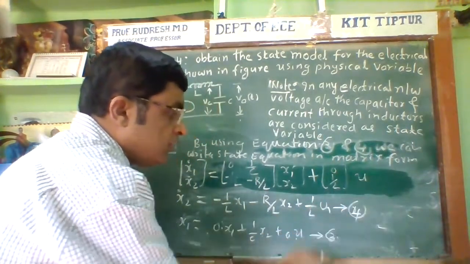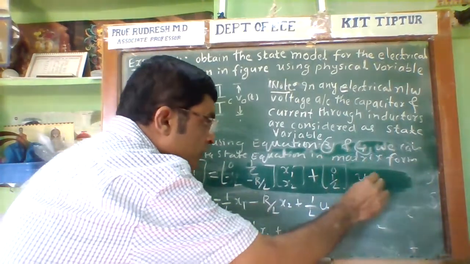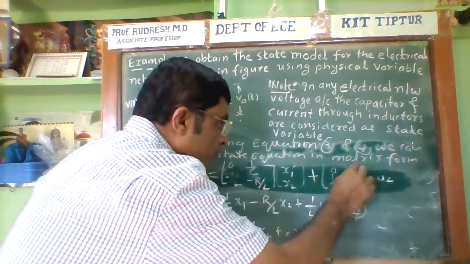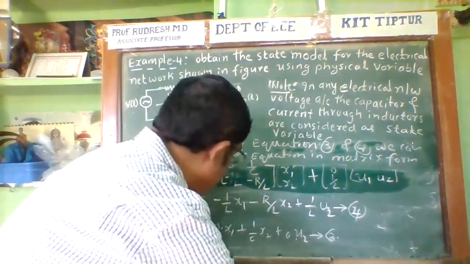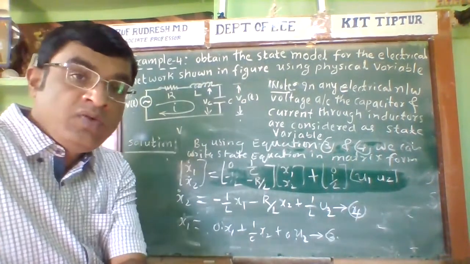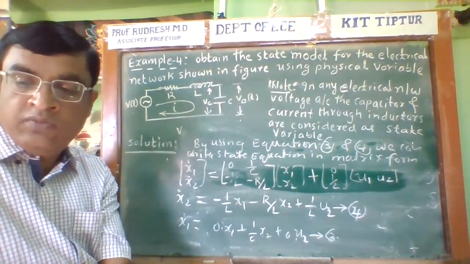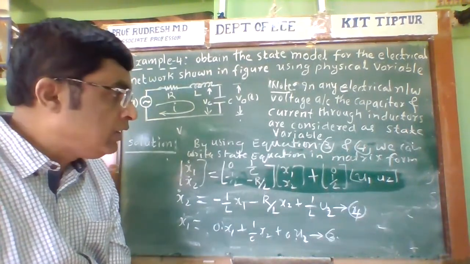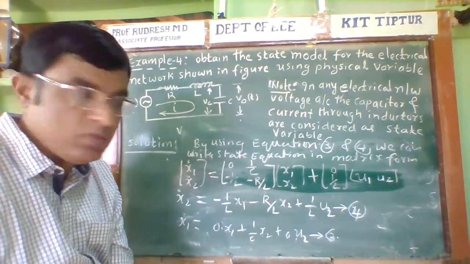If I mention this as u1 and this as u2, then you can simply write it as a. Now this is called the state equation of the given electrical network.